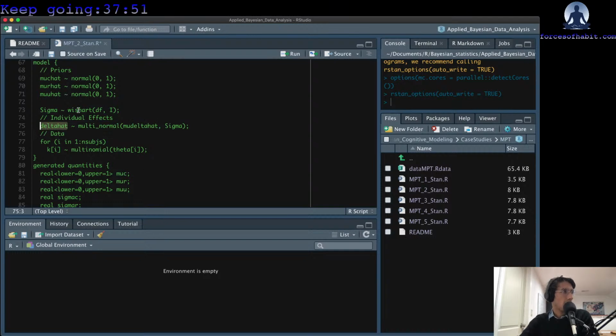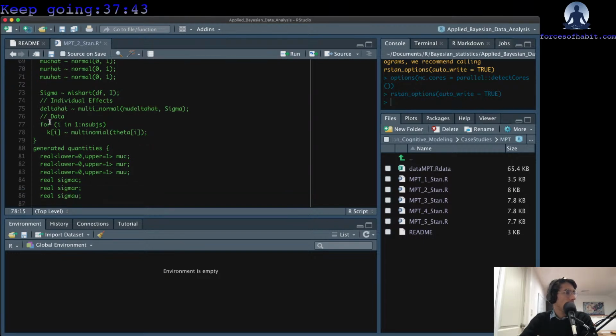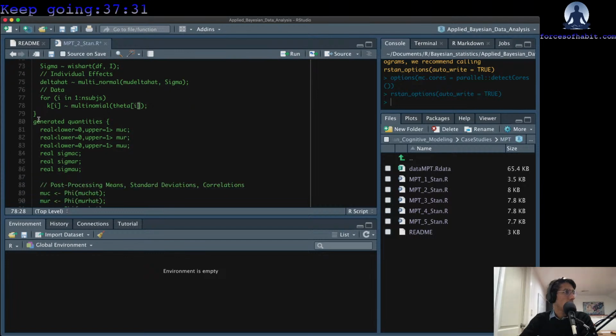So this is capturing all of the CRU with sigma here in each of their mu's. And then for the data, counts are distributed multinomial with this rate. And then generated quantities is the next.